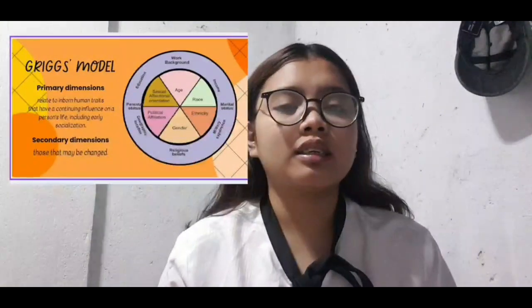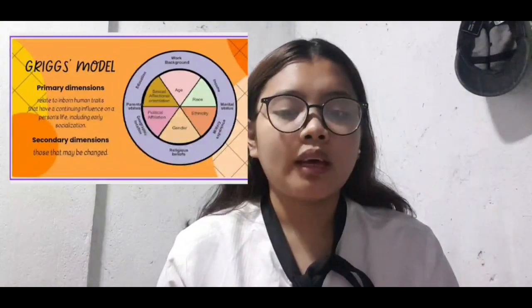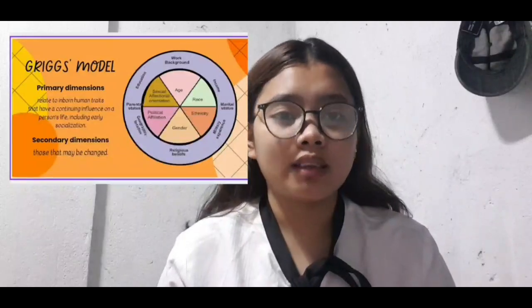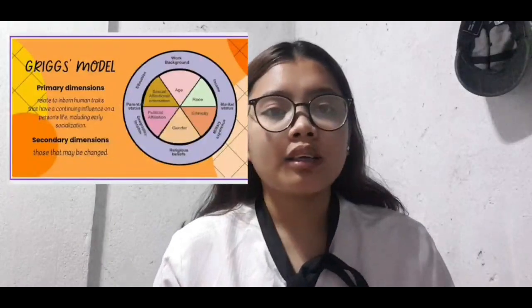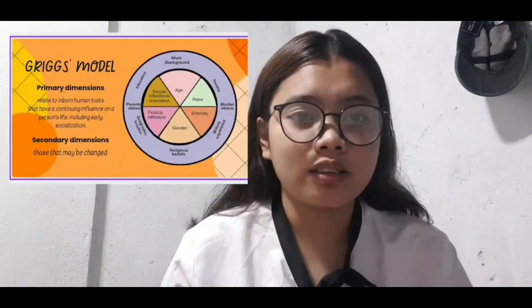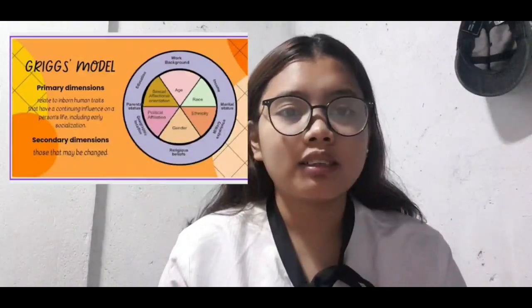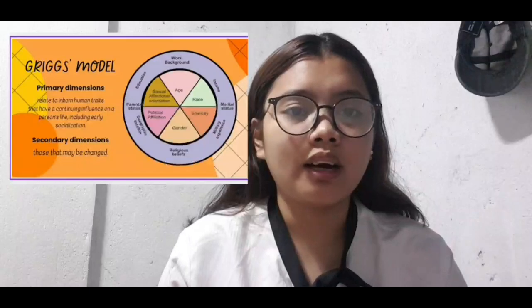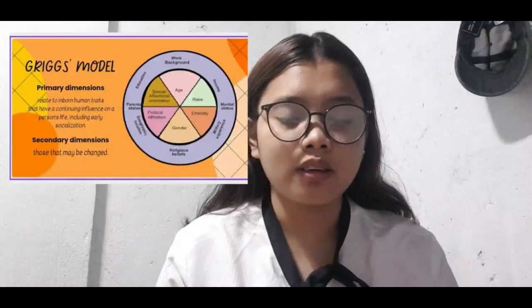The Griggs model is divided into two dimensions, which are the primary and secondary. As you can see in the illustration, we have the inside circle and the outside circle. The inside circle is the primary dimension, while the outside circle is the secondary dimension.